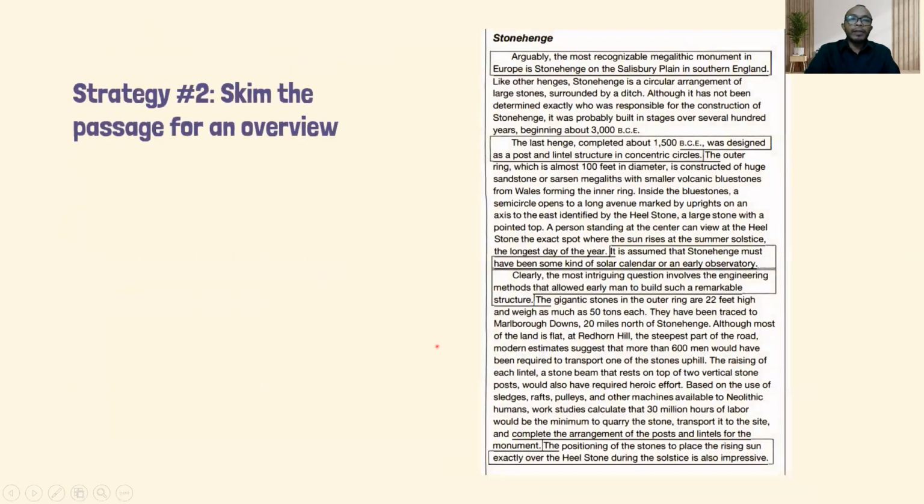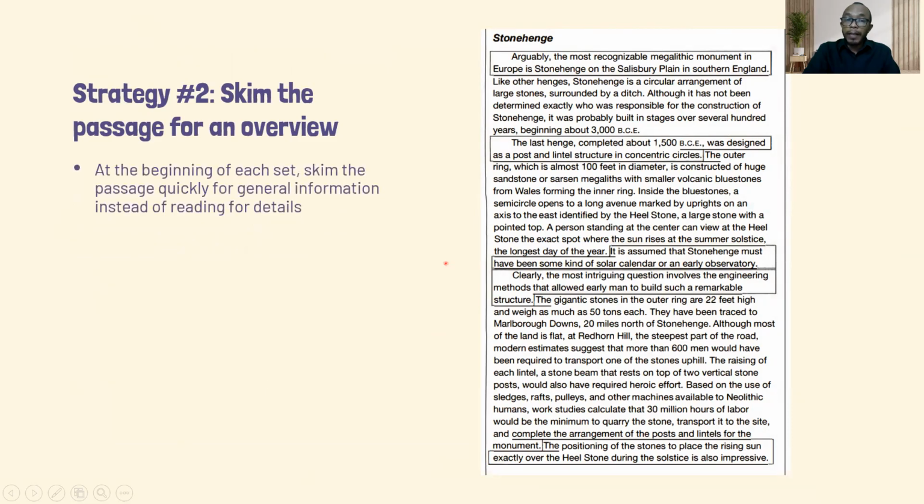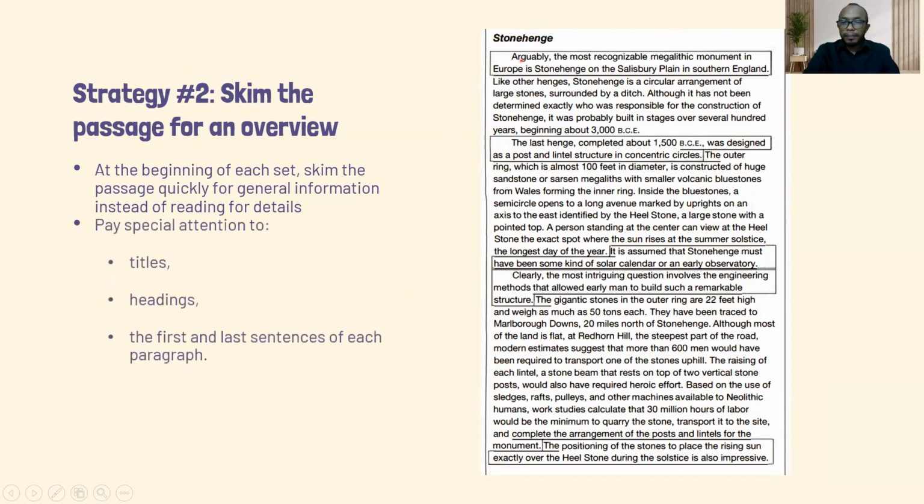Okay, now strategy number 2. At the beginning of each passage, or the set as they call it, before you go on to the questions, it will be helpful for you to read some key parts in the passage to get the main idea of the passage before you see the questions.